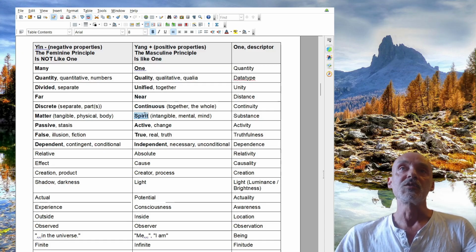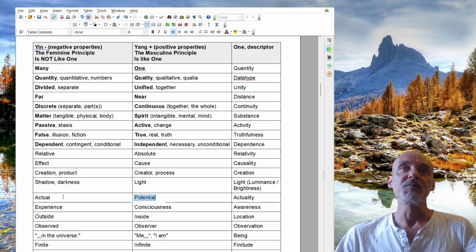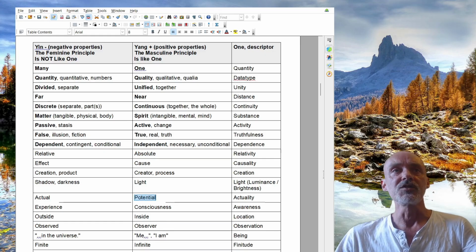It's continuous, it's spirit, it's not physical, it's active, it does things, it's true because it really exists, and it's independent, and it's absolute, and it is the cause of things. Consciousness is the creator. It is light in some various ways. Also, it is potential. So yang is potential, yin is actual. So matter is actual, consciousness is potential.